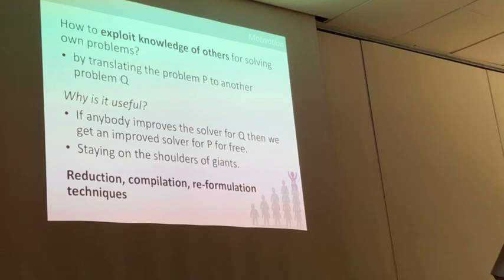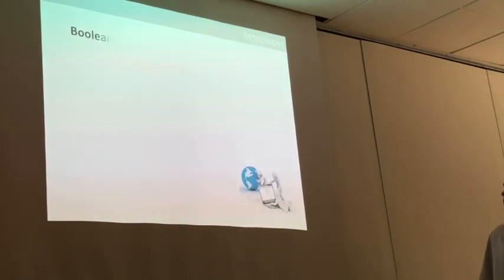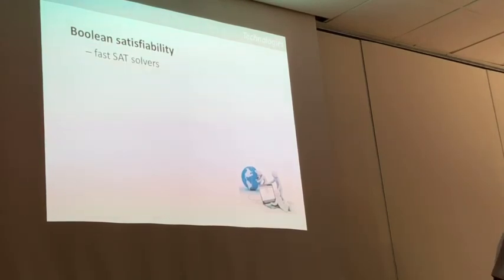These techniques have different names: reduction-based solvers, compilation-based techniques, reformulation-based techniques, modeling techniques, or whatever. The technologies we are going to talk about are just two of them. One is SAT, satisfiability. Why? Because there was a tremendous increase in the speed of SAT solvers in recent years, so it would be good to exploit it if we can model the problem as a SAT problem.